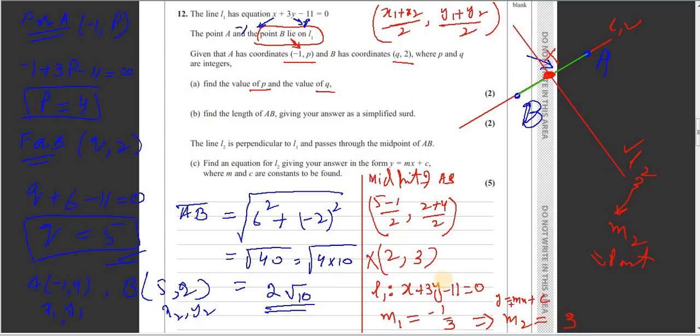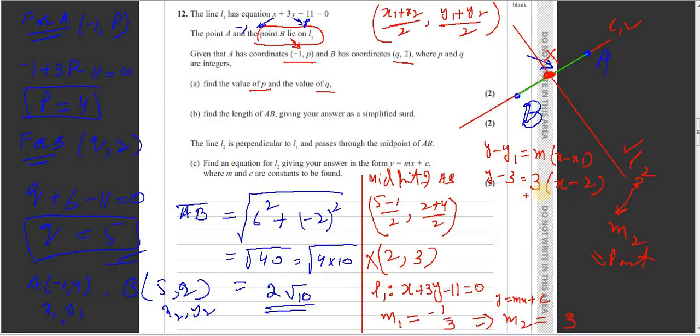Now we have a gradient, we have a point 2, 3, so we can use y minus y1 is equal to m times x minus x1. In this case, y1 is the y coordinate of X, which is 3, m is the gradient, which is 3, and x1 is the x coordinate of X, which is 2.